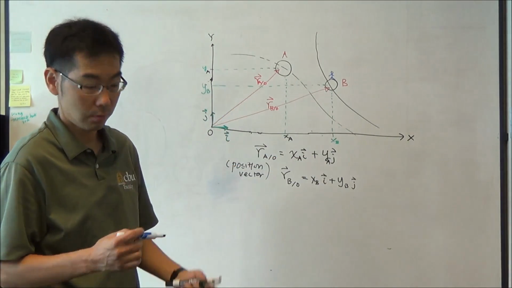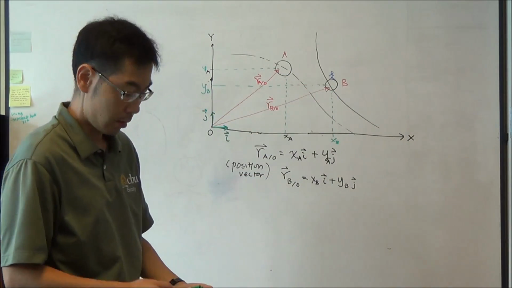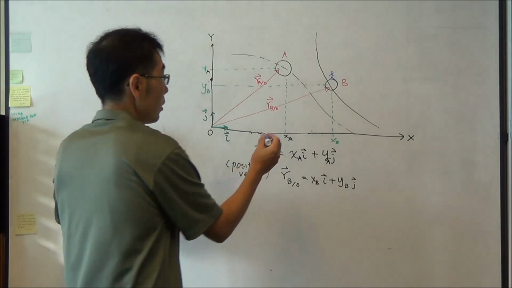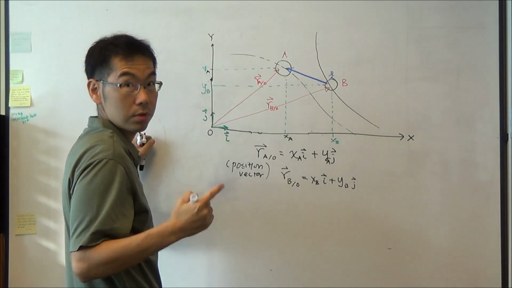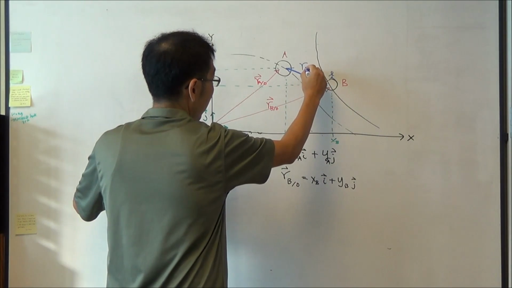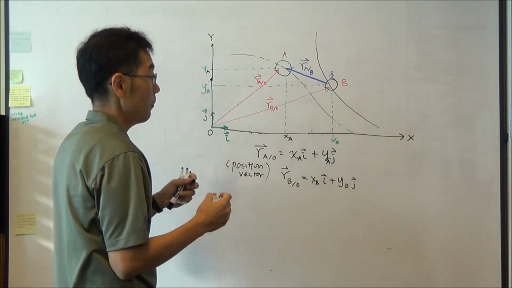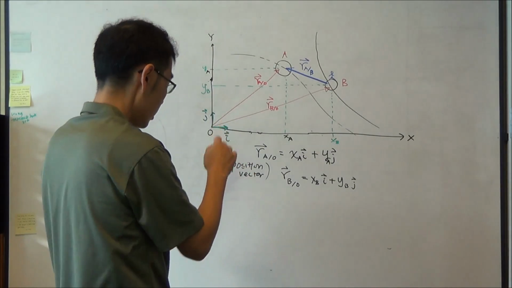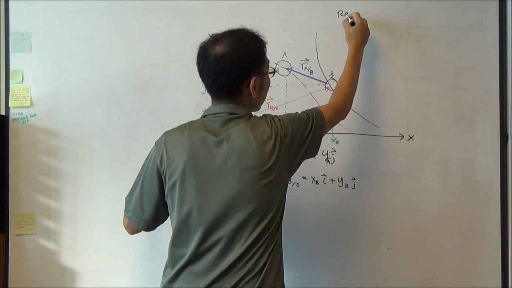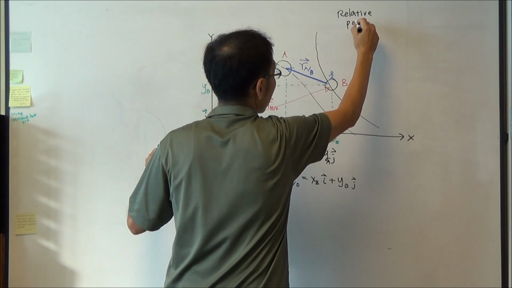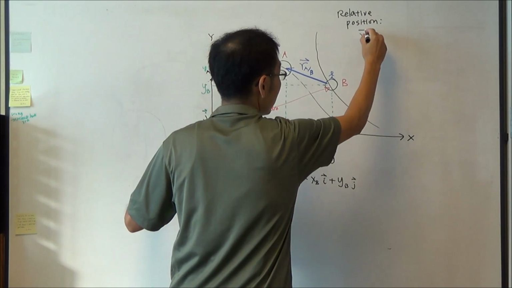That's relative motion. So how do you find the relative motion of A with respect to B? It's very simple, because you just make a vector with respect to your position B. So this is the position of A with respect to B, not O. What is R of A over B then?